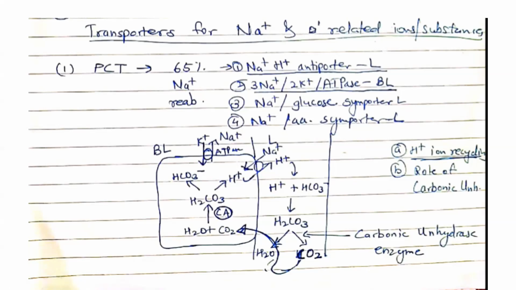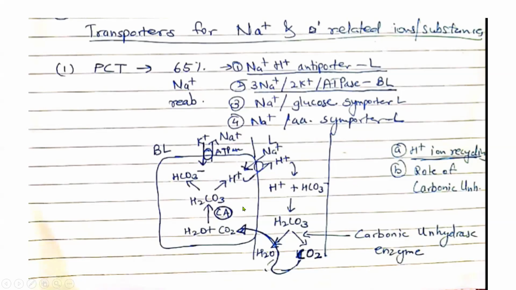Now, what is the importance of this process, or can we make use of this process anywhere? Imagine if I inhibit the carbonic anhydrase enzyme, what would you achieve? Inhibition here and inhibition here. Do you think it will affect the H plus ion number? Yes.